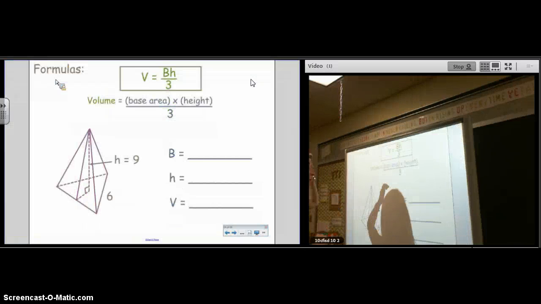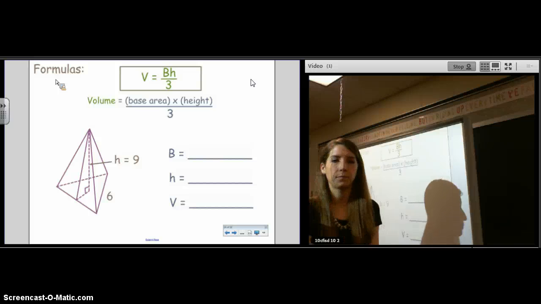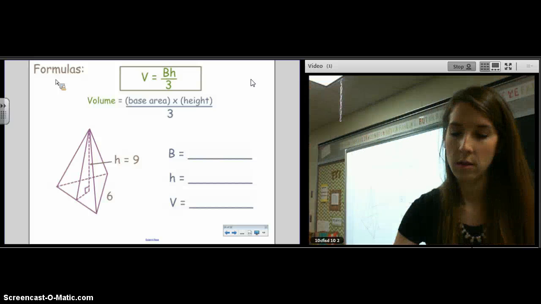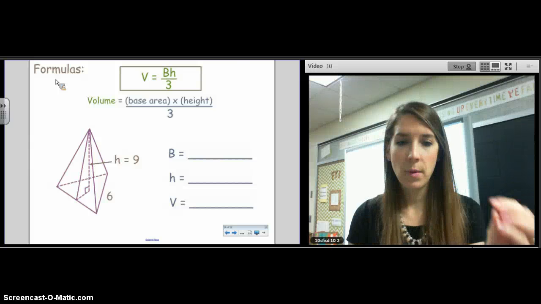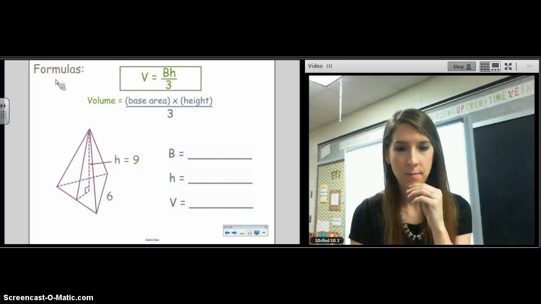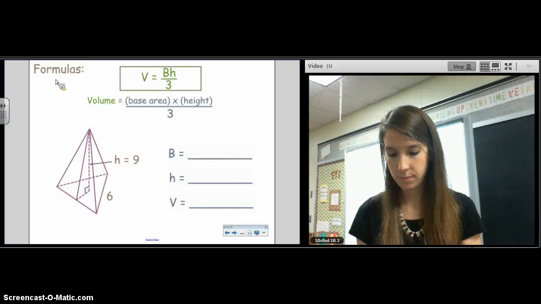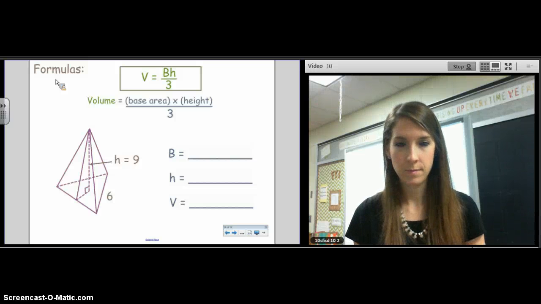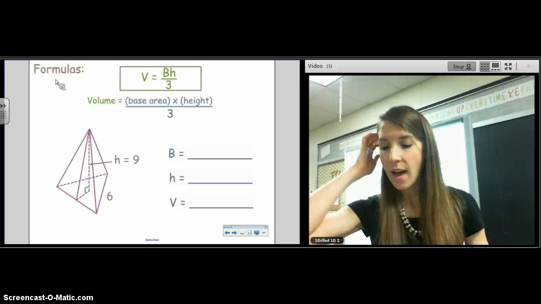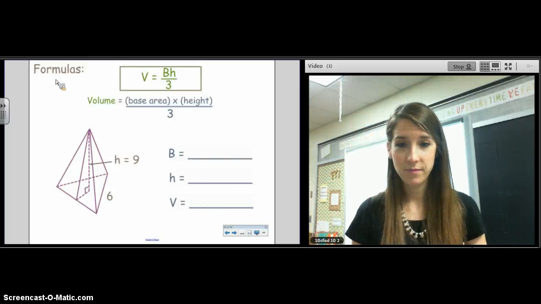All right, so we already know. Oh, this is a new problem. Let's find this one. Okay, what'd y'all get for area of the base? Anybody? I got 9 root 3.